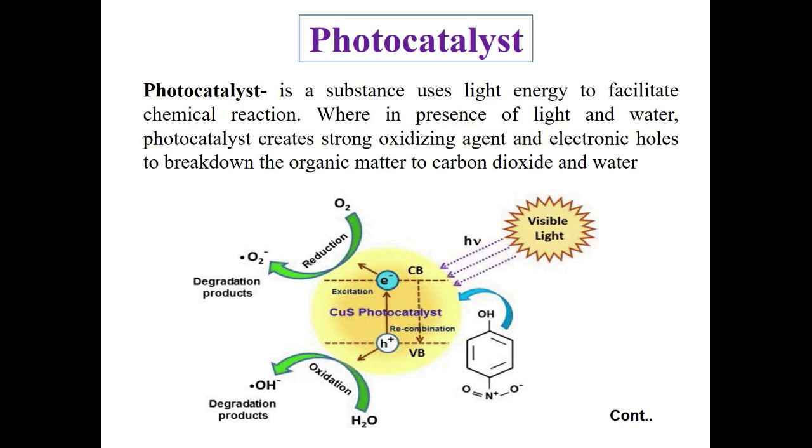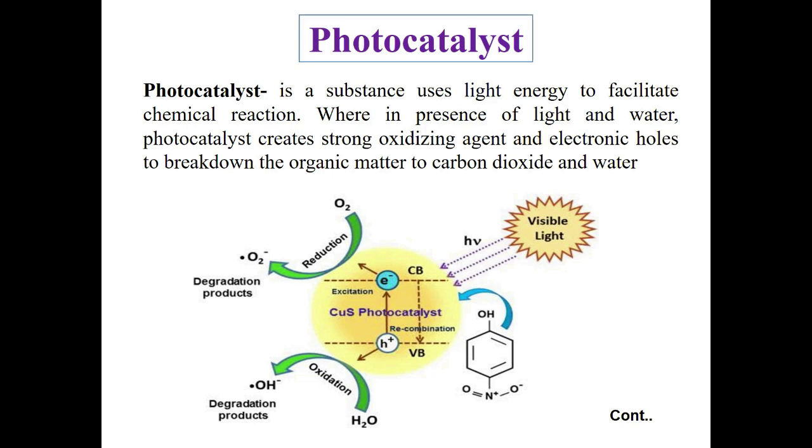This picture suggests that copper sulfate nanoparticle is used as a photocatalyst, and the gap between the valence band and conduction band is called the band gap. Because of the formation of the electron and hole pair, the band gap is changing, and because of this change, this material can act as a good photocatalyst for the oxidation of 4-nitrophenol.